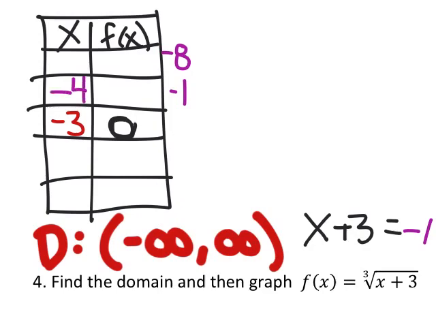Sorry about that. And when x is -4, the cube root of -1 is -1. Likewise, we can look at these numbers here. The cube root of -8 is -2. We'll know that before we even start this process of solving for x.